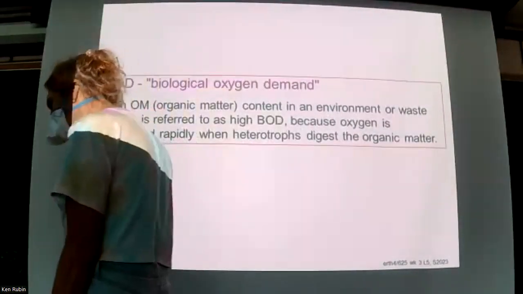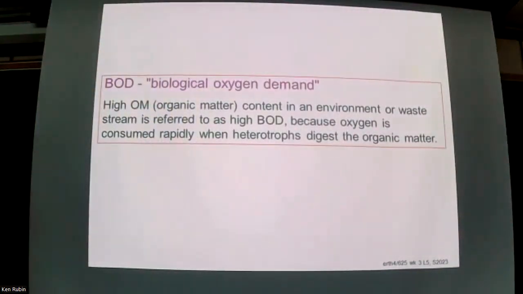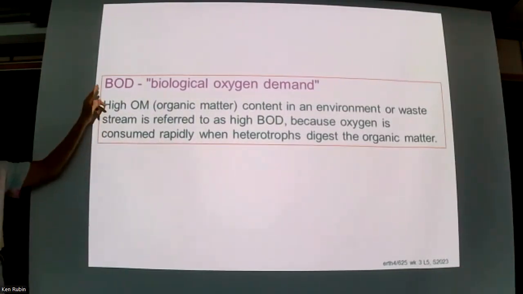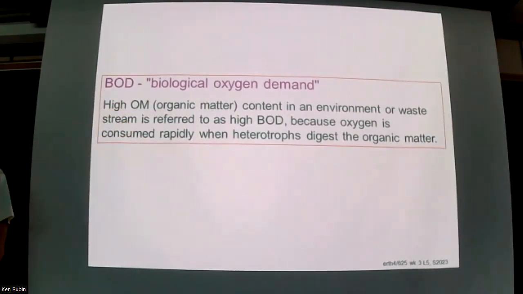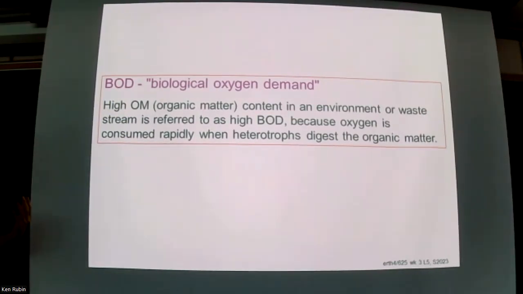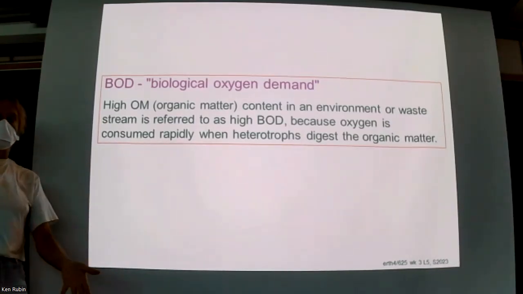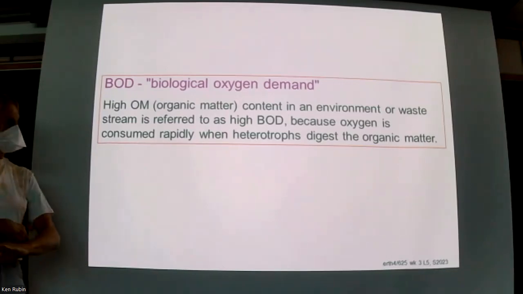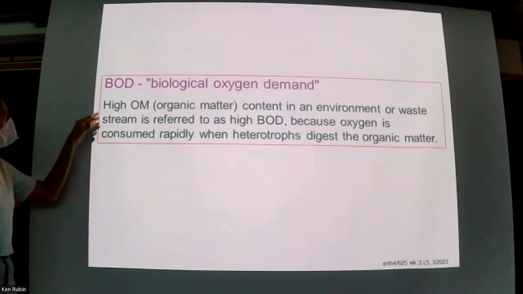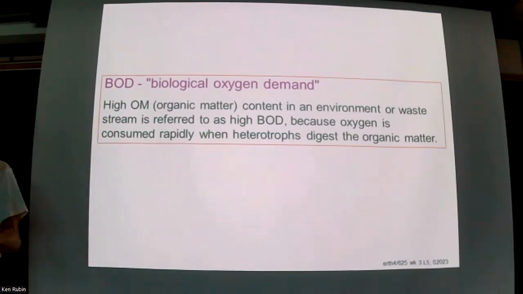So this brings up another term. Maybe you've heard this before, maybe not. I use it all the time, so please do memorize this. BOD stands for biological oxygen demand. It means if we have organic matter in an environment, respiring organisms are going to try to decompose it. That's just a given on Earth. And so the more organic matter, the more oxygen is required to consume that organic matter.